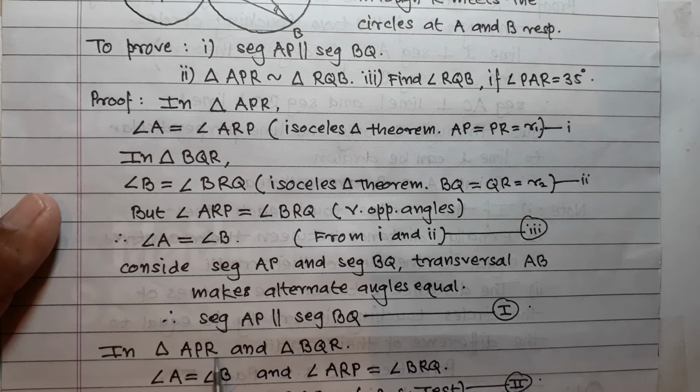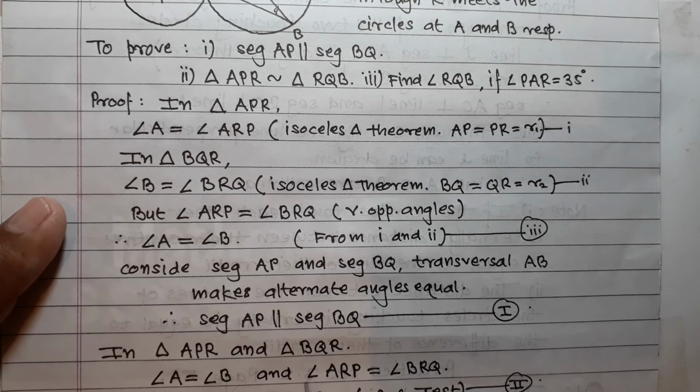Then in triangle APR and triangle BQR, angle A is equal to angle B, angle ARP is equal to angle BRQ, and therefore triangle APR is similar to triangle BQR by the test of similarity.